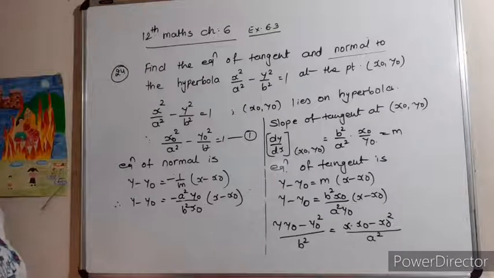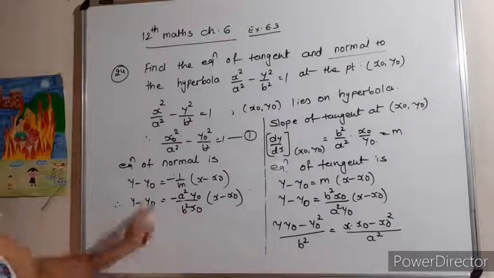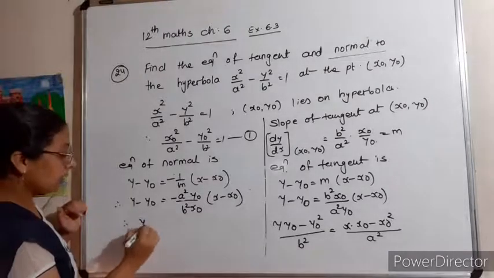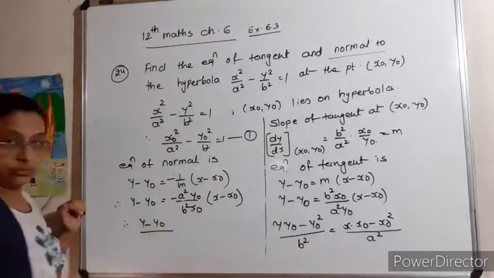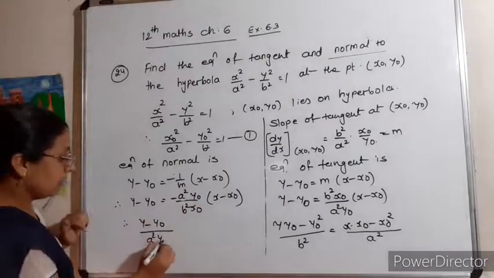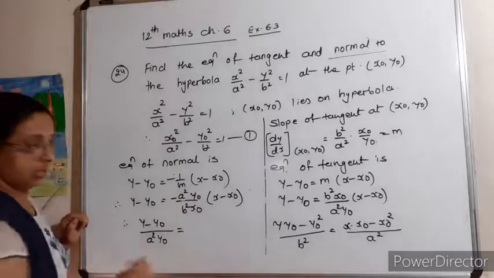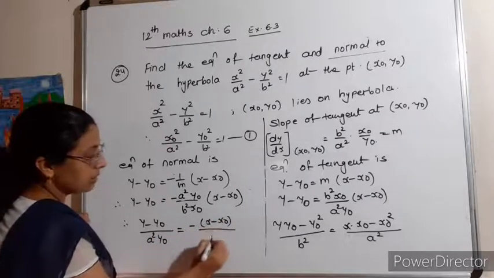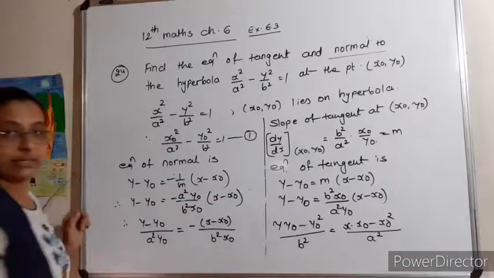So this is the equation of normal. Now we will simplify it, the same way as we simplified earlier. Then what happened here? y minus y0 upon a square y0, we take it, equals minus x minus x0 upon b square x0.